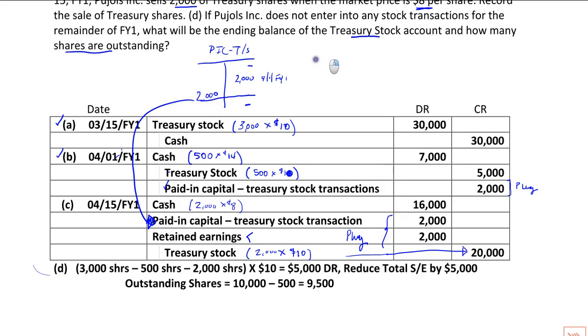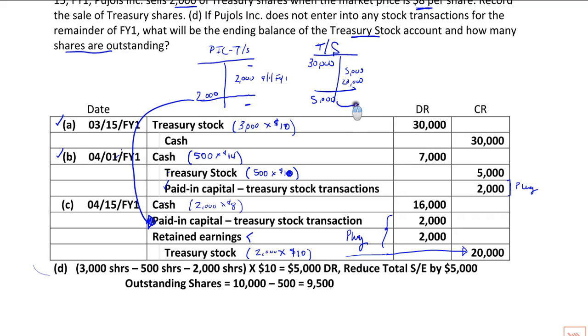Okay, there's a couple ways. We could do the T account thing. Treasury stock, we started with 30,000. Let's see, we took out 5 and we took out 20. So there should be 5,000.